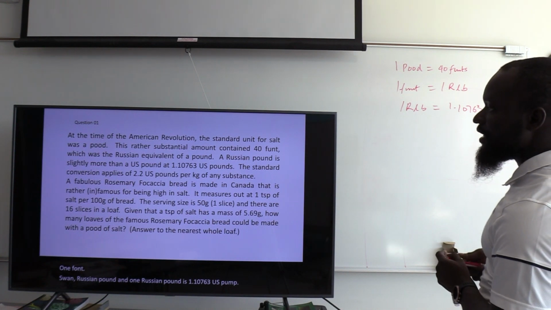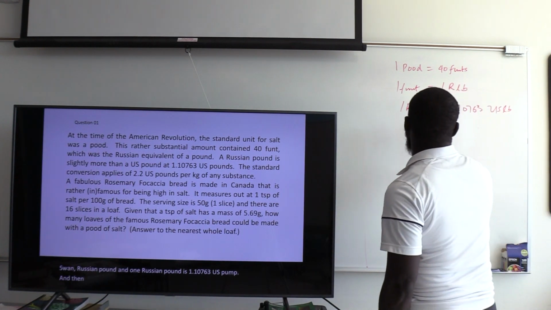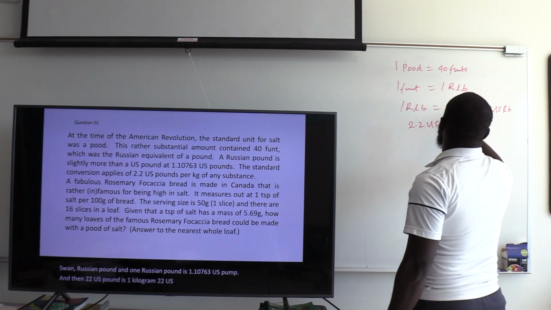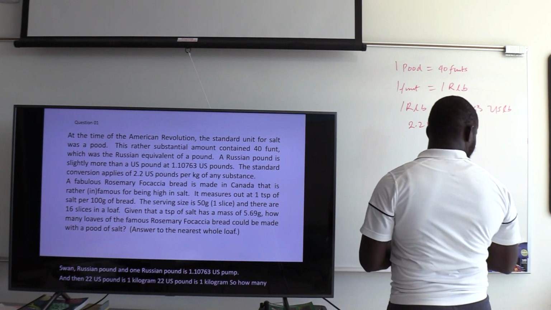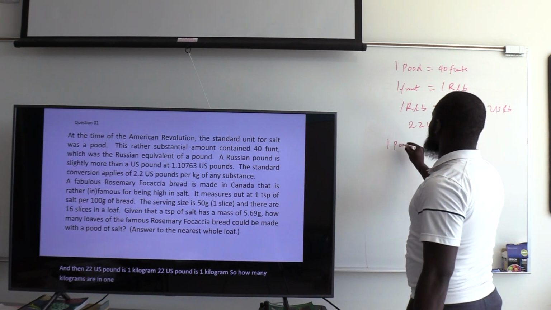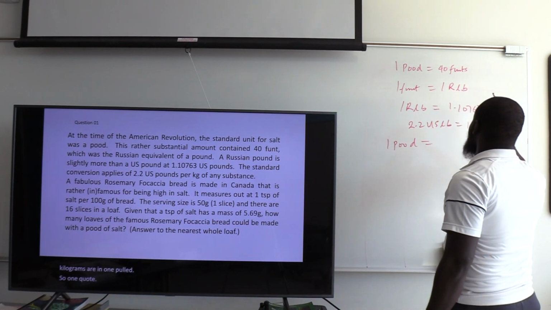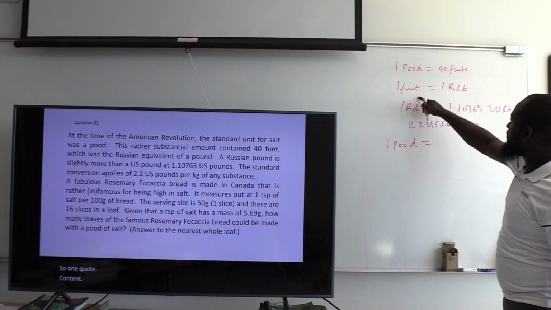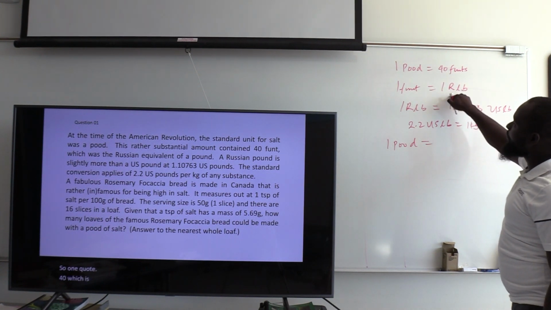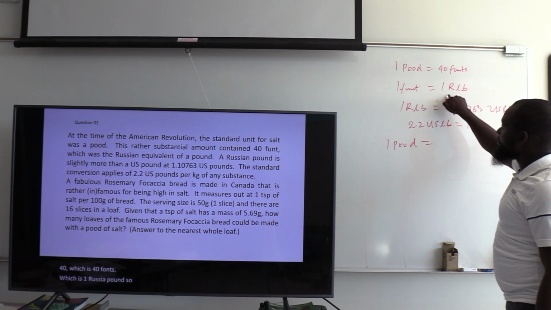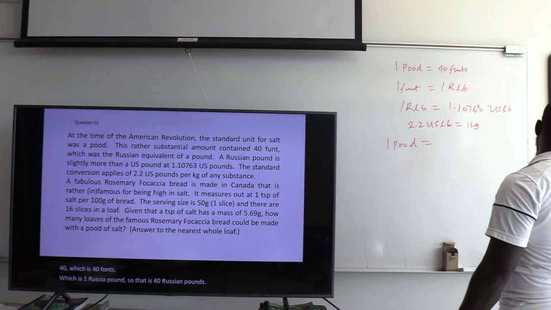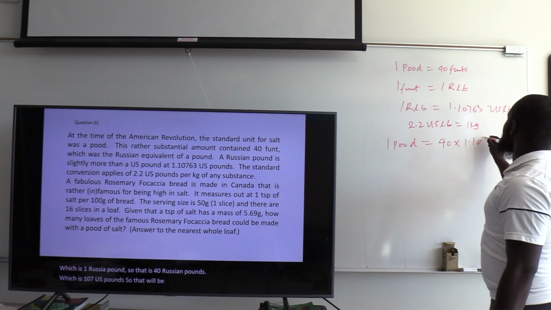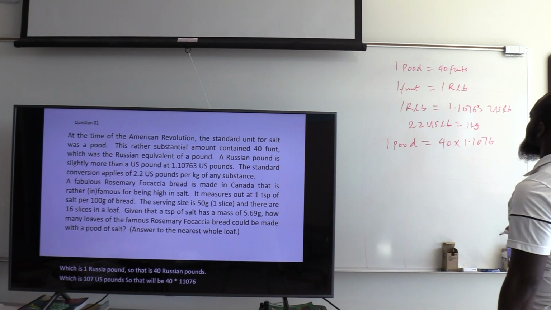And then 2.2 US pounds is 1 kilogram. So how many kilograms are in 1 pud? 1 pud contains 40 funt, which is 40 Russian pounds, which is 40 times 1.10763 US pounds.